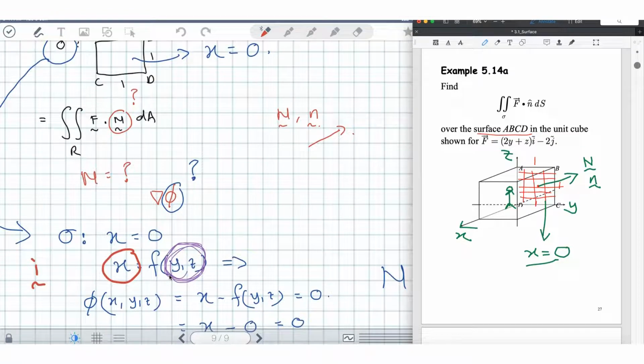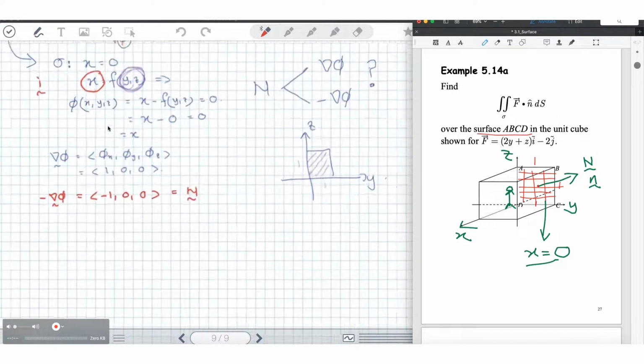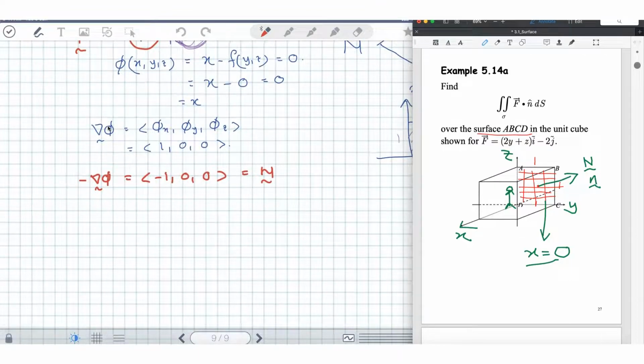After you manage to get the n, you have to proceed to the next step, finding the dot product between f and the n that you obtained. So this is our n, and just now our f is 2y plus z, y minus 2, 0.